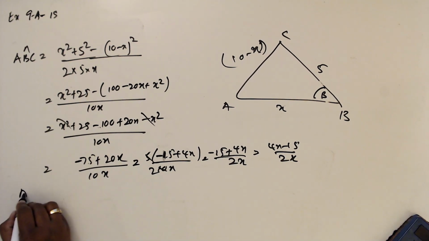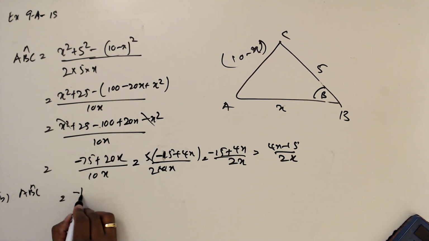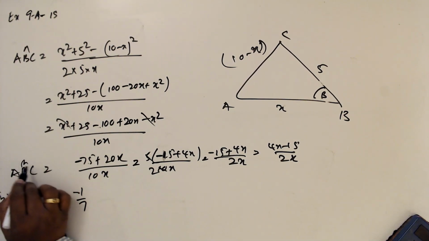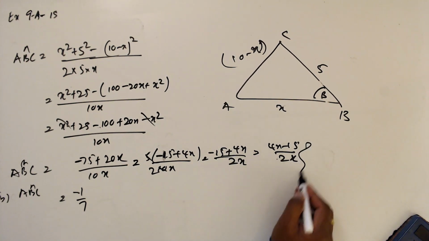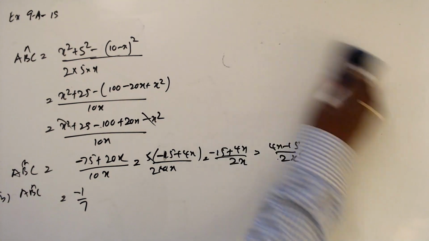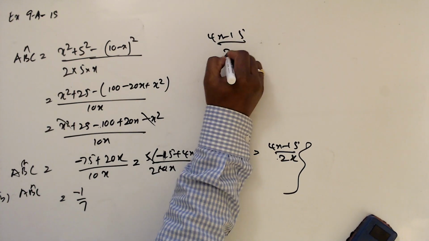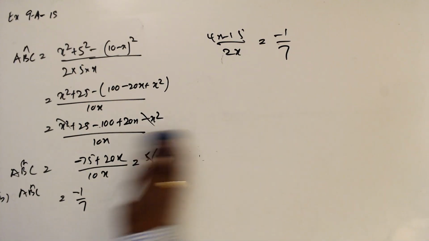Now this ABC value in part B is given as minus 1 over 7. Then our conclusion is (4x minus 15) over 2x equal minus 1 over 7.